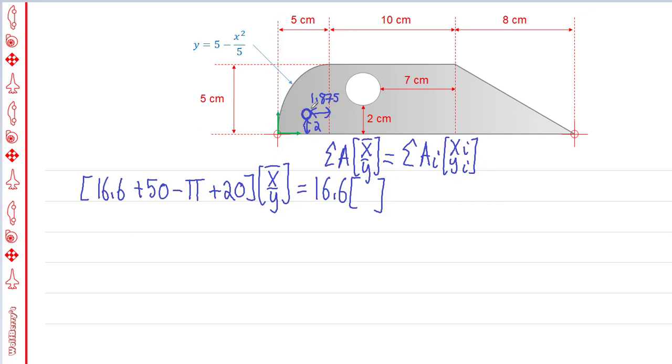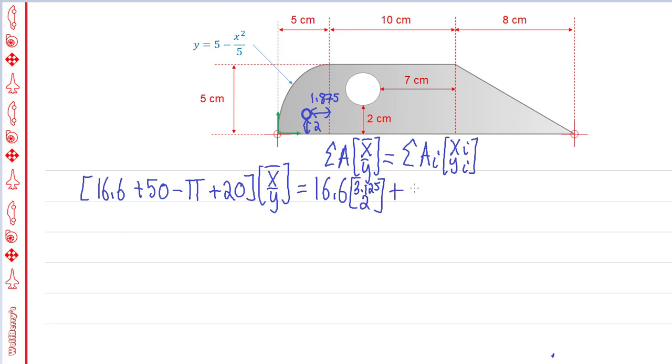So we need the center of gravity of our curve to the reference, which is this distance here. But we have this distance. So to find this distance, we have the total distance minus this one gives you the remainder. 5 minus 1.875 is equal to 3.125. So that's going to be 3.125. Now the y bar to our axis is 2. We don't have to subtract or add anything. It's already to the axis, so it's going to be 2.